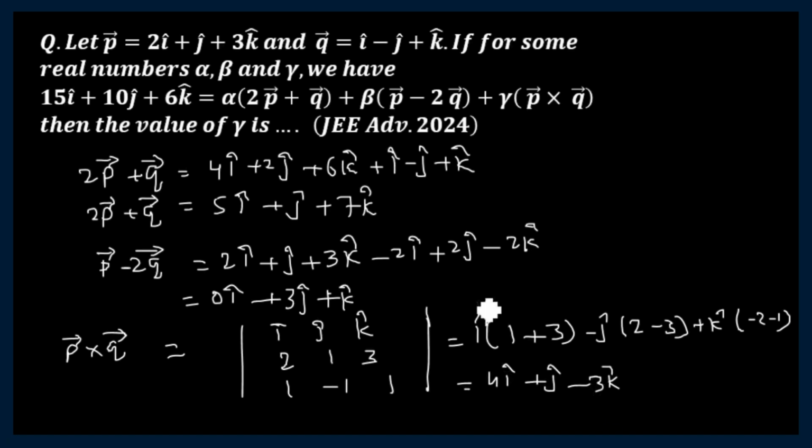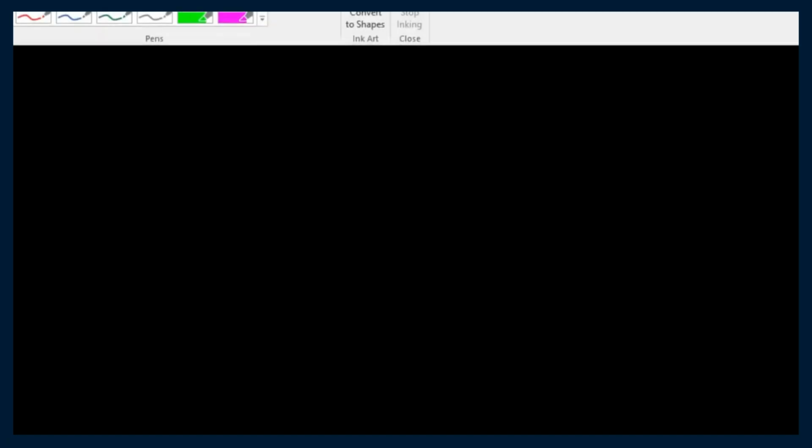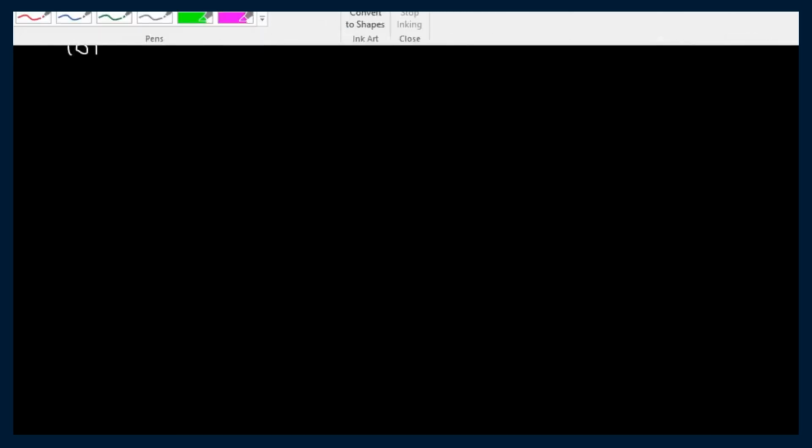Okay, now we will simply put all these values here. 15 हमें क्या given है यहाँ पे relation, that is 15i plus 10j and plus 6k and this is equal to what?